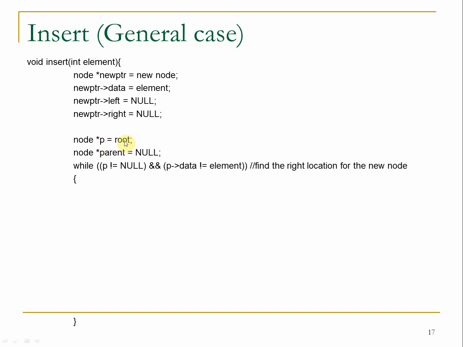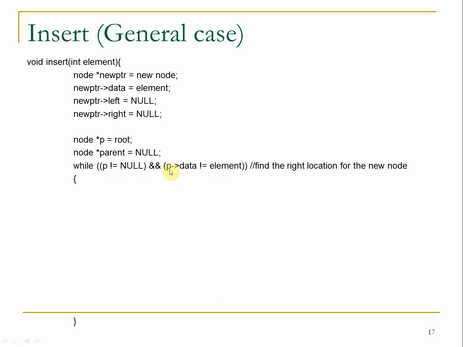While P is moving to the next location, parent will stay on the previous one. Then when P moves to the next one, parent will go to where P was originally at. So they will move simultaneously. P always looks for the new location, expecting to hit a null location, while parent stays one row behind. So in the loop, as long as P is not null, that means we need to keep moving.